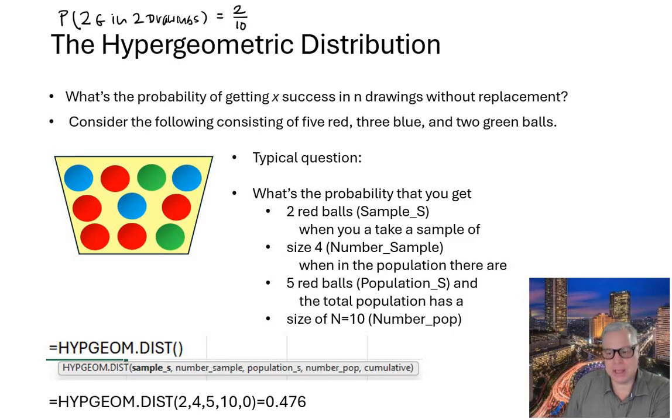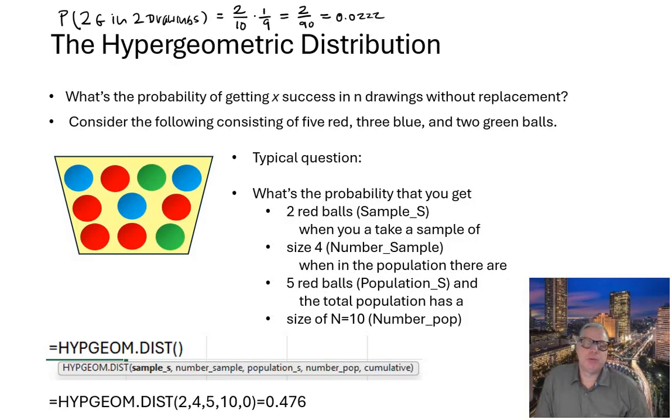But then once we take one out, because it's without replacement, there are only 9 balls left and only 1 more green, so that is times 1/9. So we get 2/90, and if you calculate it, it is 0.0222. So it's like 2.2%. It's a very slim chance.